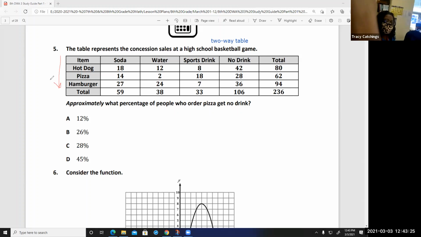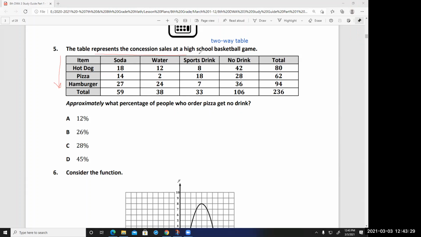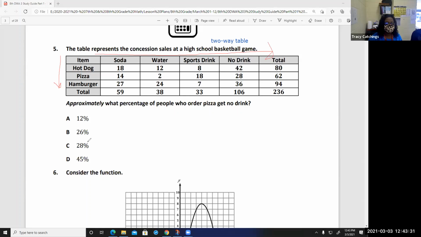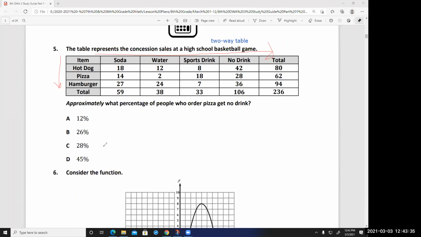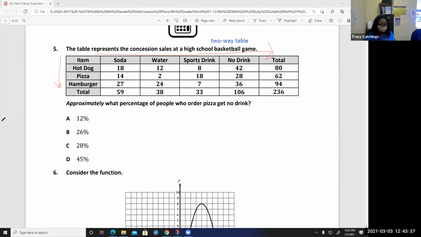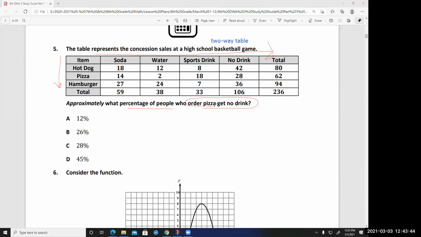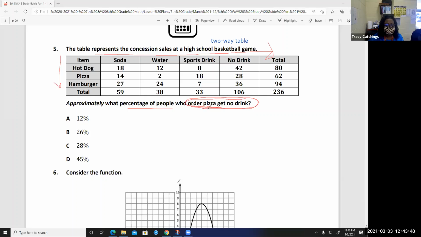What would you call hot dog, pizza, and hamburger? Food. And then if I look up top, what are they talking about? Drinks. Beverage items. So it's a two-way table. Food, drinks. So they asked us, we want the percentage of people who ordered pizza but got no drink. So that means you need to look on the side for pizza, look on the side for no drink, and tell us where they meet up at.